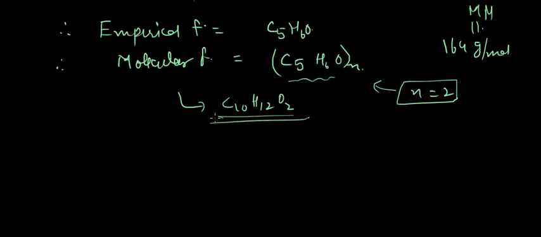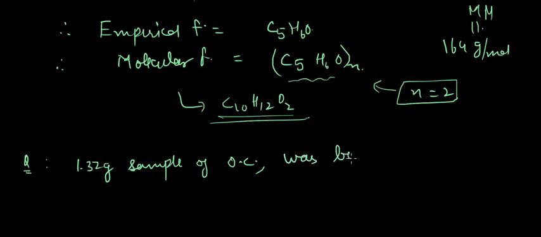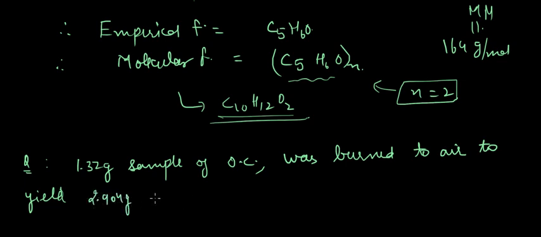Okay, so let's see another example wherein we have a 1.32 gram sample of, let's say, an organic compound that was burned in air to yield 2.904 gram of carbon dioxide and 1.584 grams of H2O.